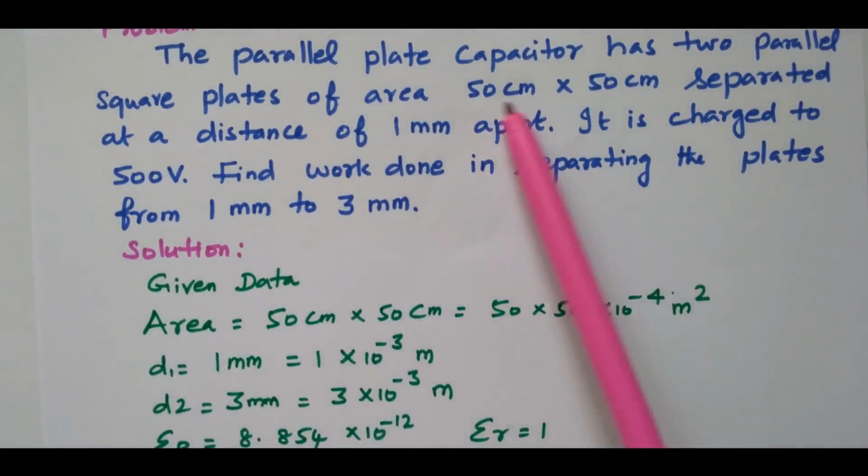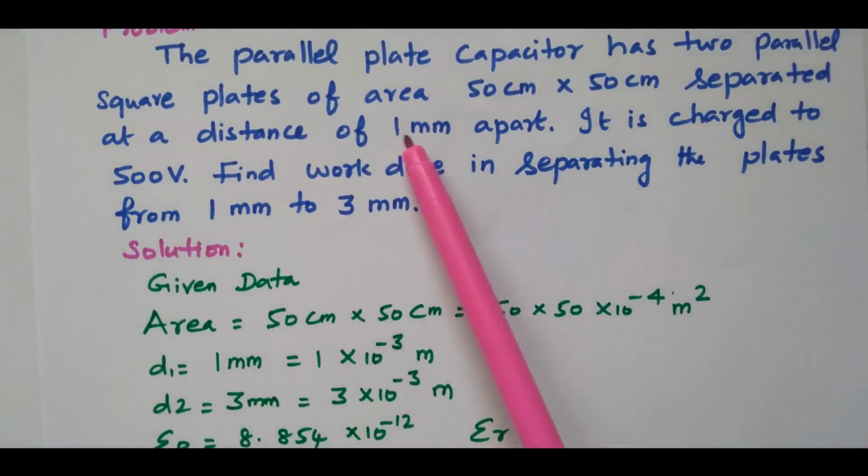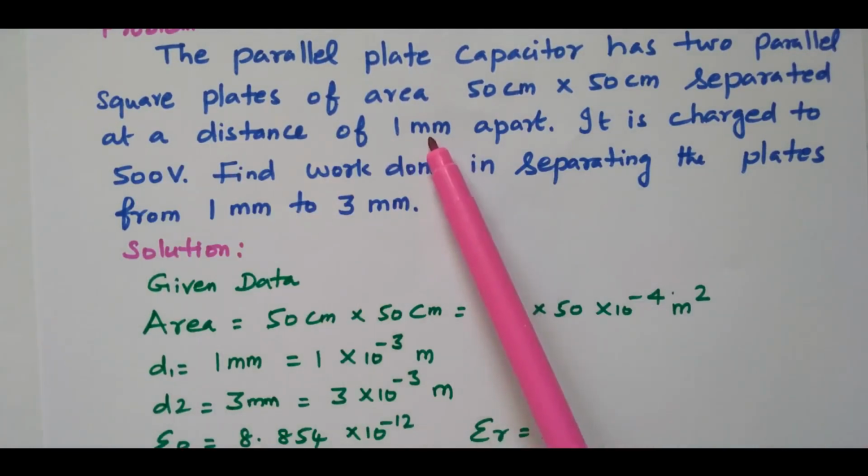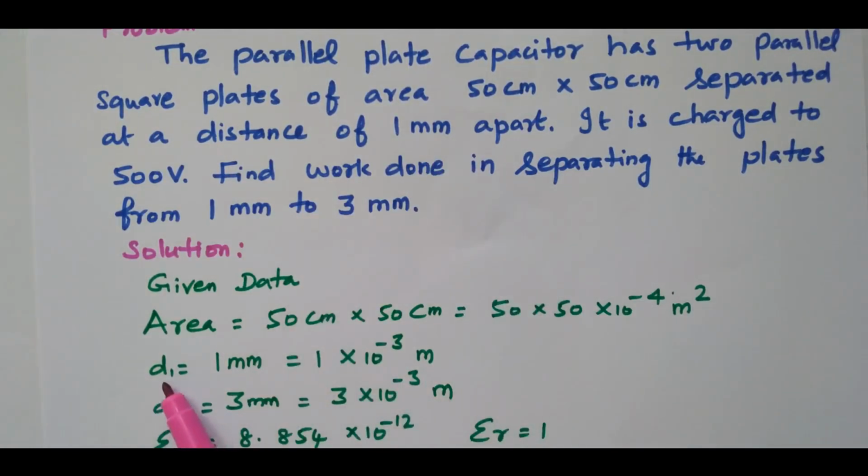The plates are separated at a distance of 1 millimeter, that is 1 into 10 to the power minus 3 meter. It is charged with 500 volts.